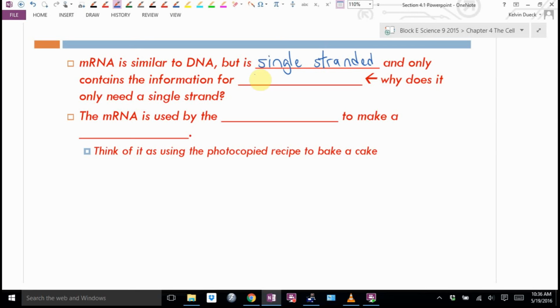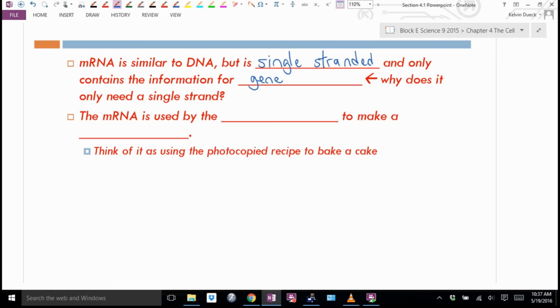And it only contains the information for a single gene. So imagine that twisty spiral ladder, Trevor. Imagine taking one side of it and one short chunk of it. Okay? By the way, why do you only need one side of it? I know, yeah, I mean, if I have an AGT, it has to match up once it's outside of the nucleus in the cytoplasm. The chemical bond that A is going to match up with only fits with a T. So I only need the one half.